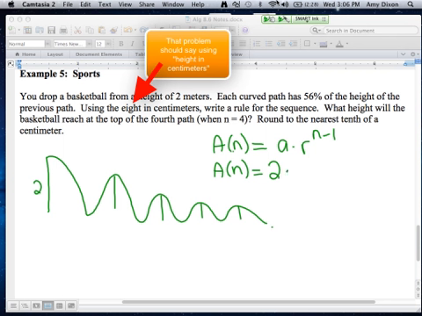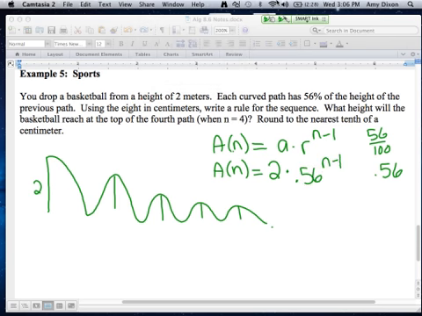So we have 2 times 56%. To write that as a rate, we can write it a couple ways. We can write it 56 over 100, or we can write it as 0.56. We'll go ahead and write it as 0.56 to the n minus 1. So this right here is our formula.